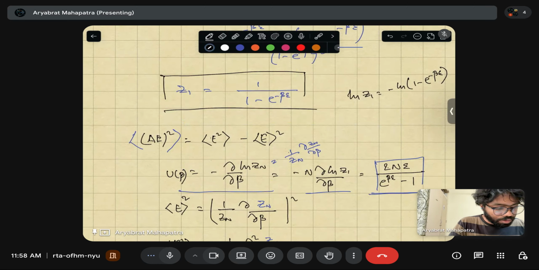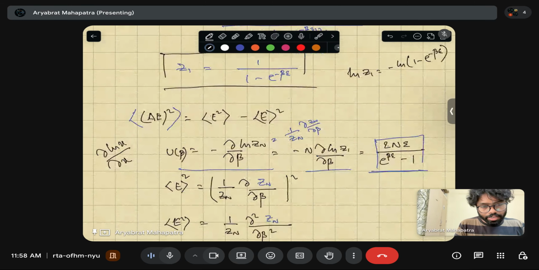So if you just take the derivative of log, then it simply becomes 1 over Z, then again the derivative of Z with respect to beta. Suppose I am writing any expression as del ln x over del x, how will I write this derivative?